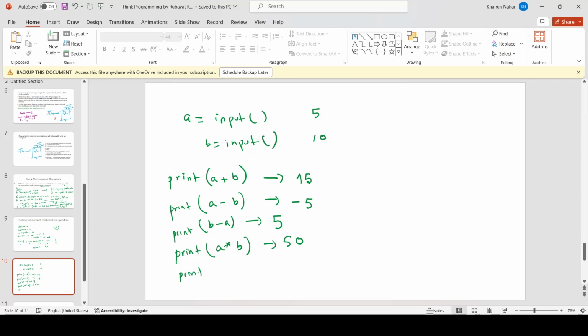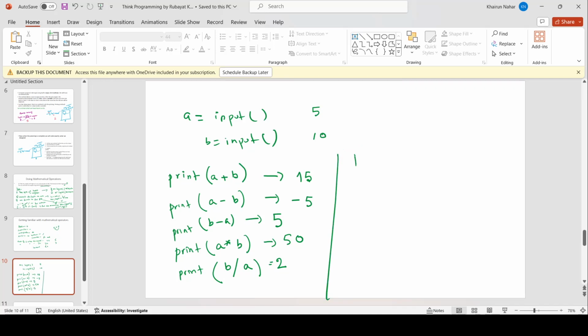If I print b slash a, which is b divided by a, we get 2 over here. If I print b mod a, I get 0 because the remainder is 0.